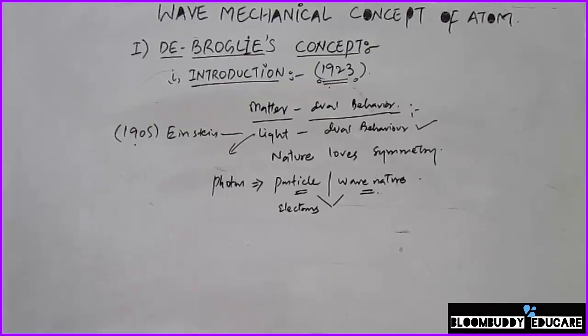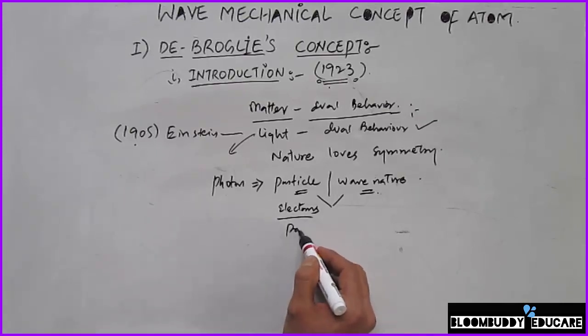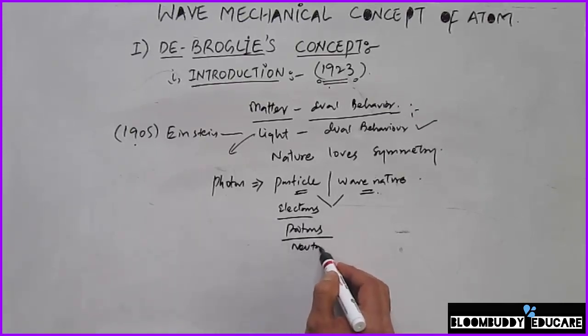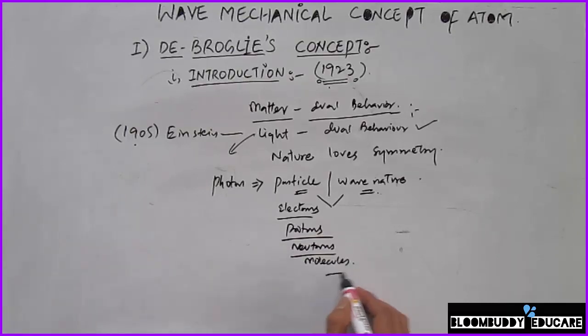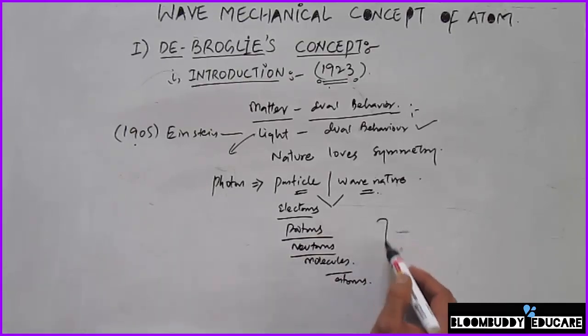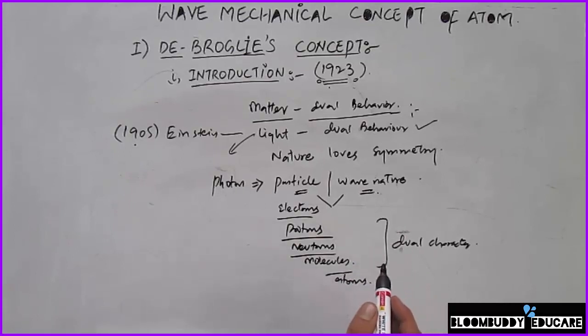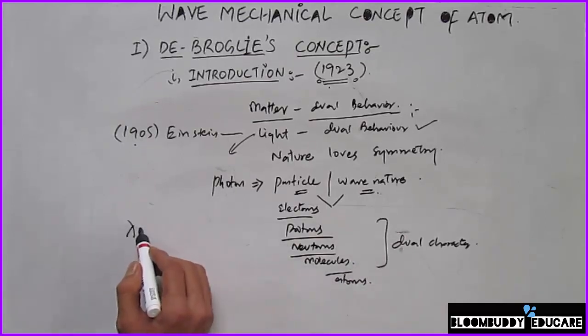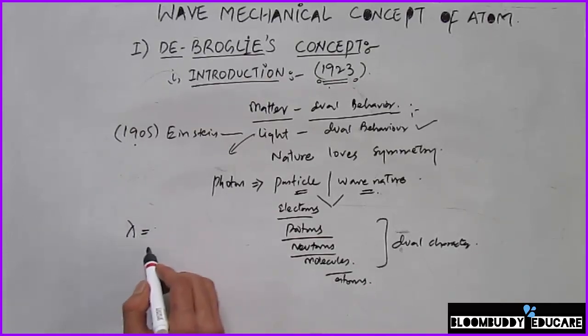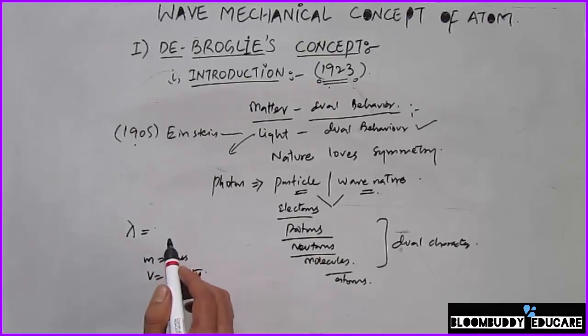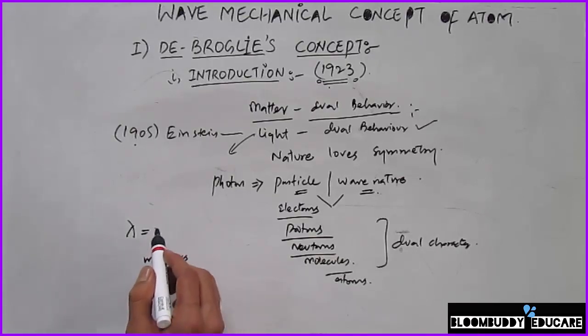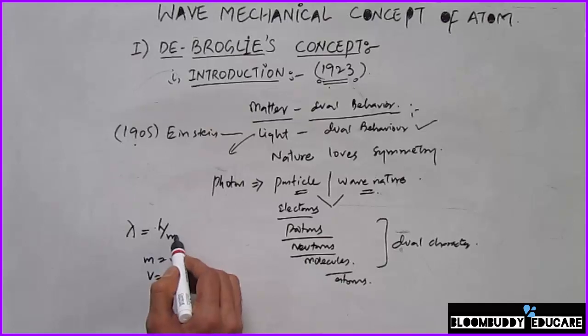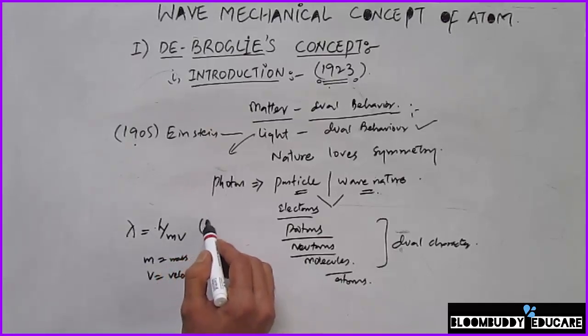and said that all forms of matter like electrons, protons, neutrons, or molecules or atoms should all also show the dual character. He further said that the wavelength, that is the wavelength lambda of any moving particle which has a mass m and a velocity v should always be given by the equation lambda = h/mv, where h is the Planck's constant.